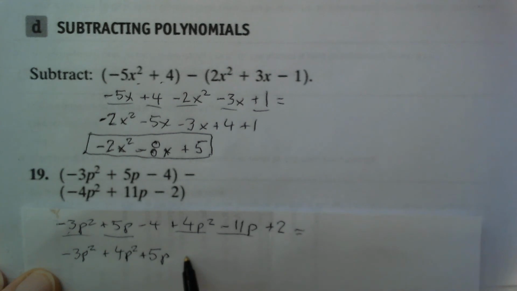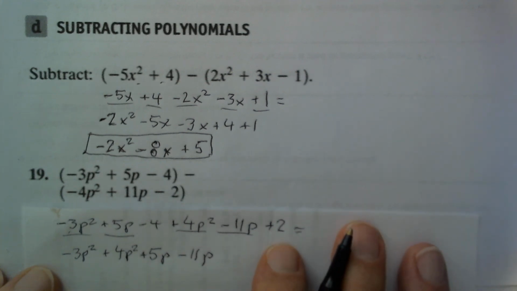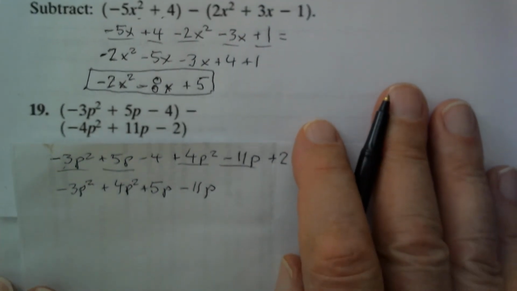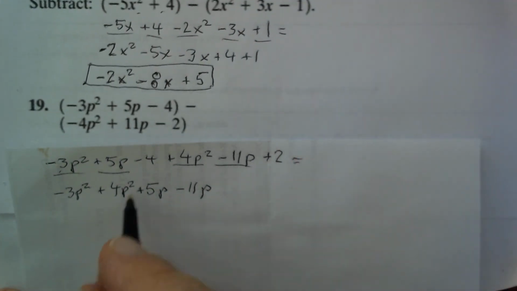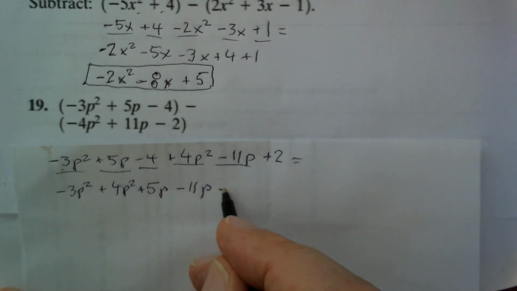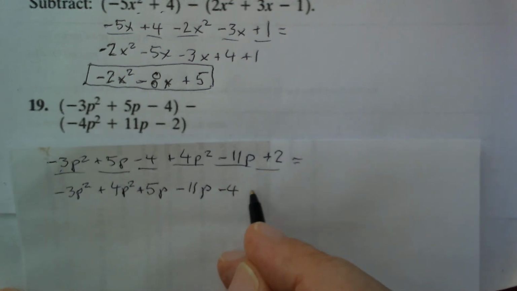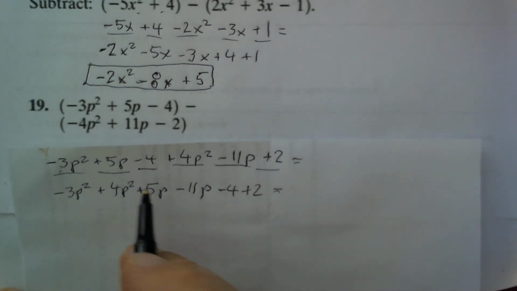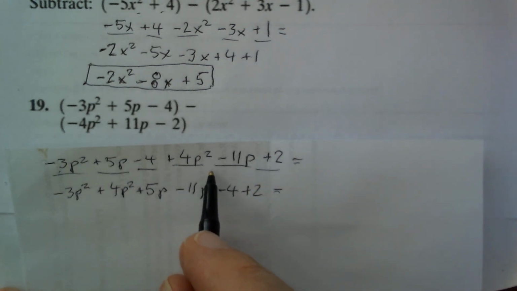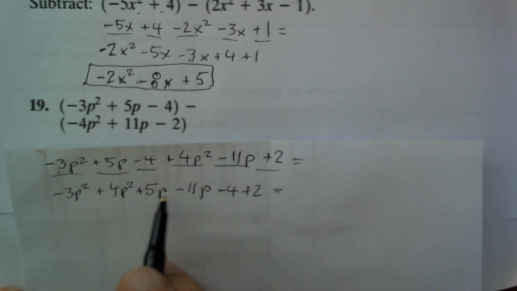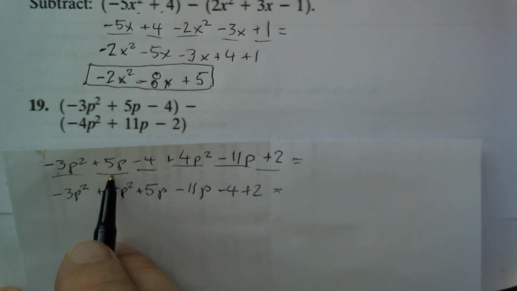And we have minus 11p. And we have minus 4. And we have positive 2. As you can see, when you underline the terms that you've already accounted for when you're combining them, it gives you a pretty good overview and makes sure you don't miss any one of them.